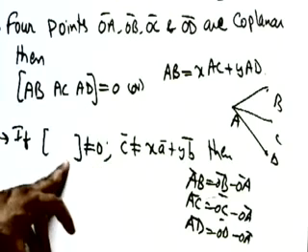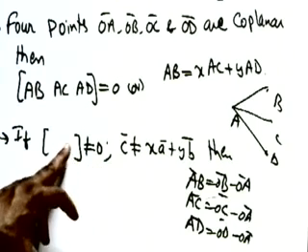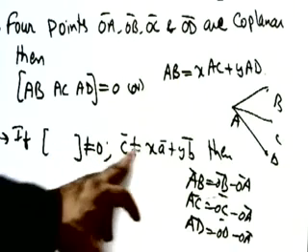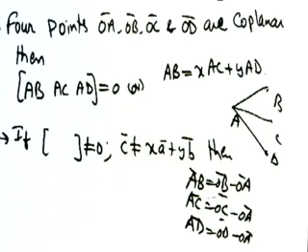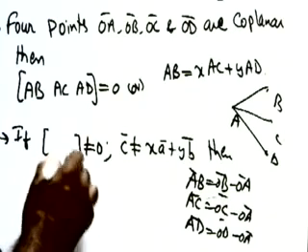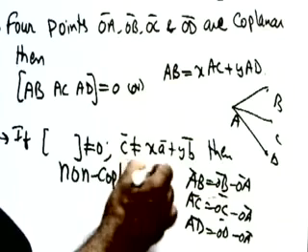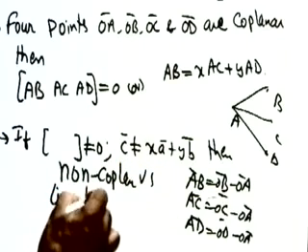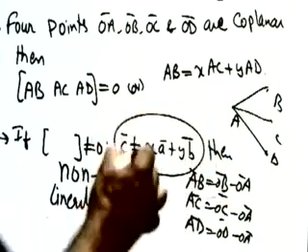In the same way, if the box value is not equal to 0, we will see how to find it in the example questions. If you go into the questions, you'll see how we find the box ABC. If this determinant value is not equal to 0, then we say these vectors are non-coplanar, or linearly independent vectors.